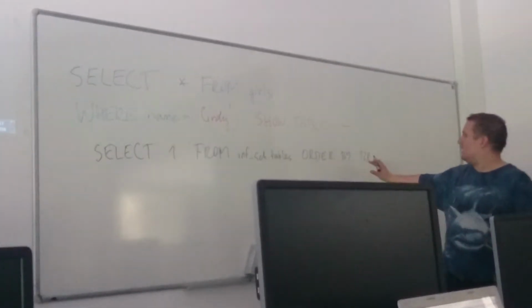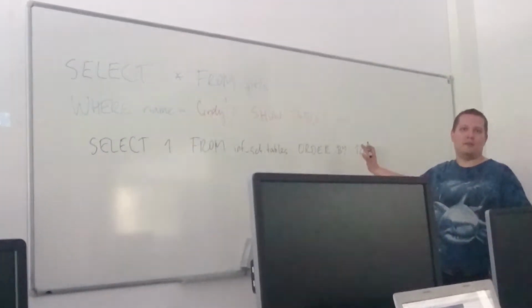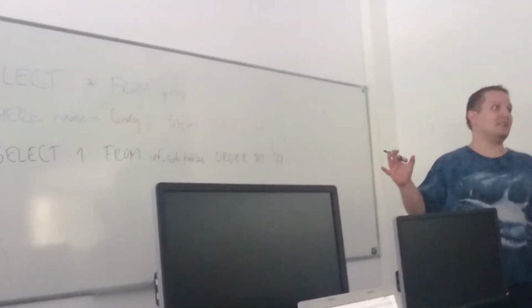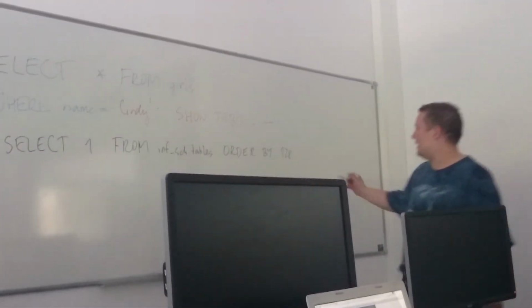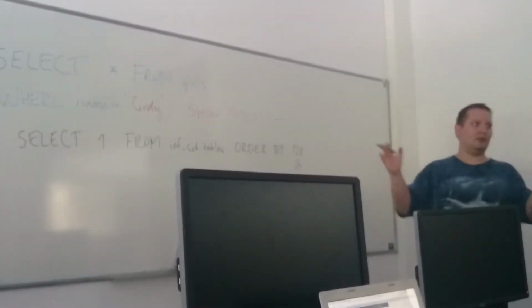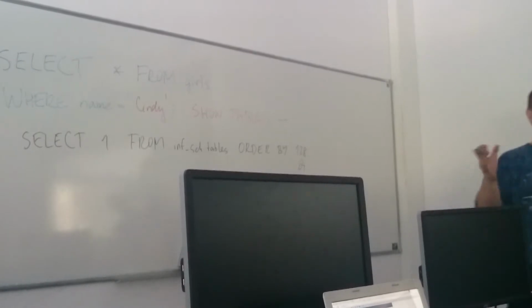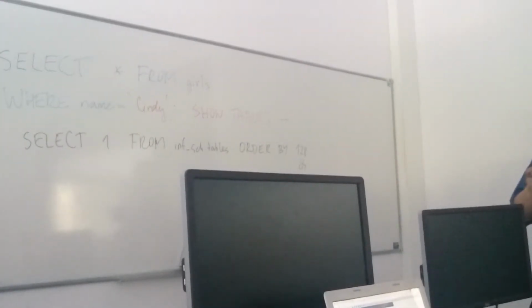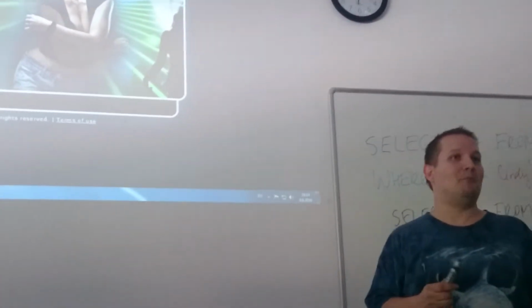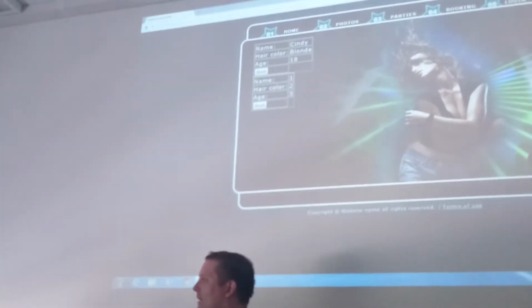And if it would tell us this column doesn't exist, then we would just divide the interval. We would know that the number of columns is less than 128. So we would say order by 64. And we would keep dividing the interval. We would use a binary search in a sense to find the number of columns. But here we were lucky and we got the number 3 very quickly. Okay, so we know now the number of columns, so what do we do with that?